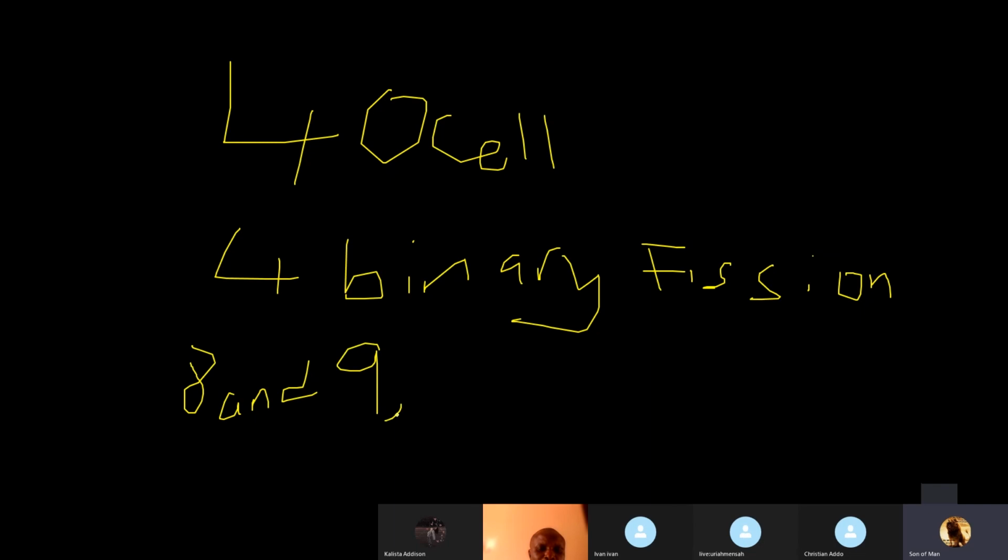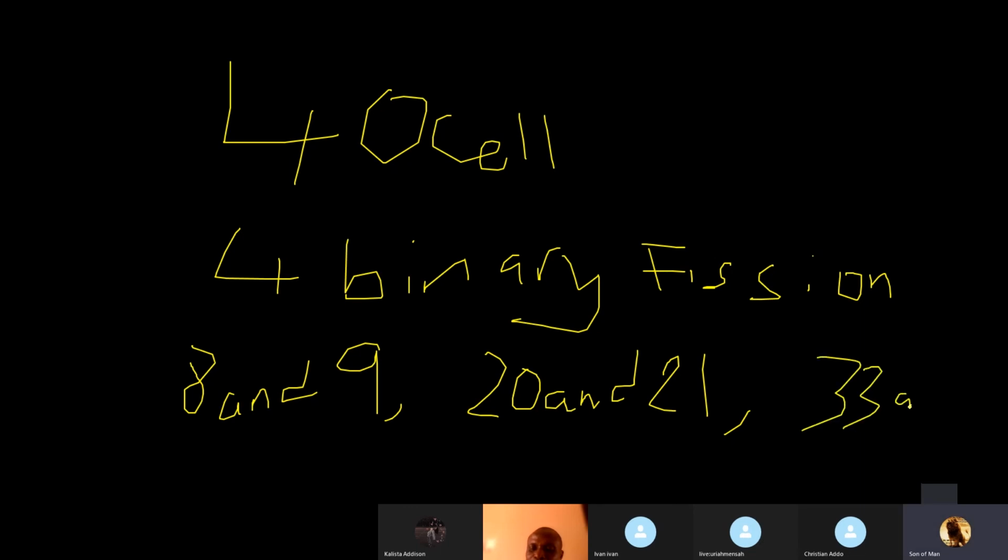Then another fragmentation occurring between cell 20 and 21. Then another fragmentation did occur between cell 33 and cell 34.